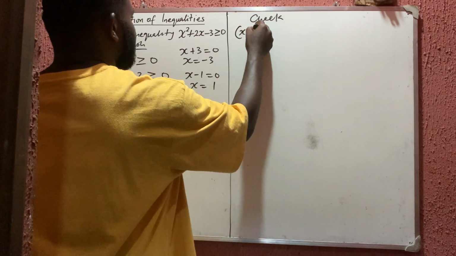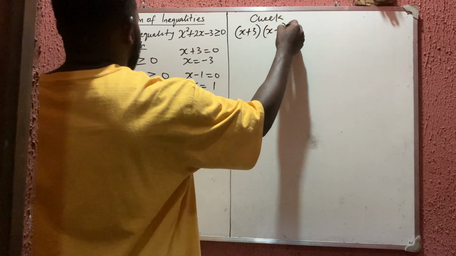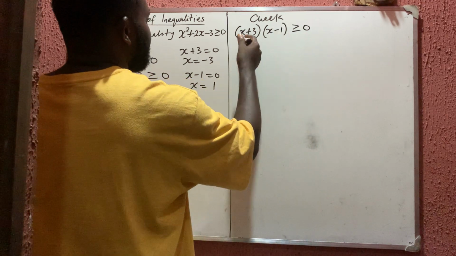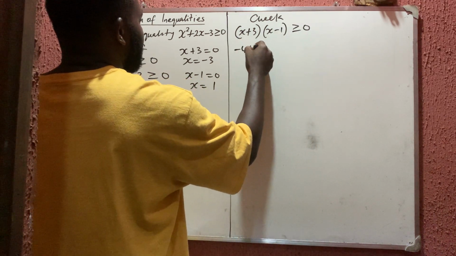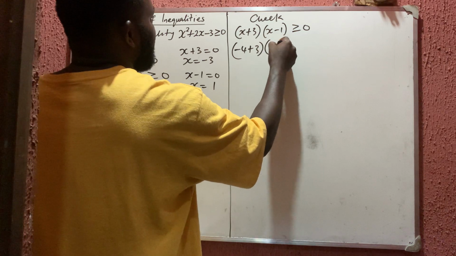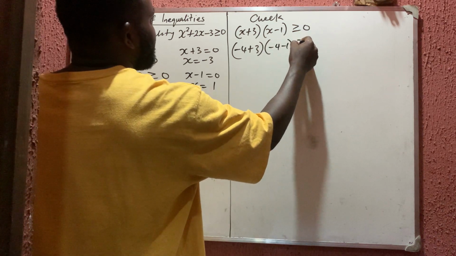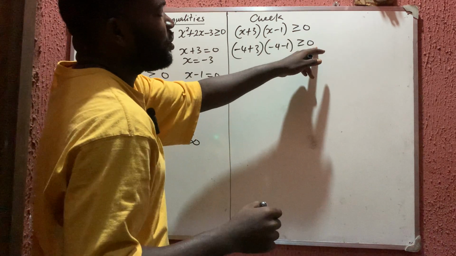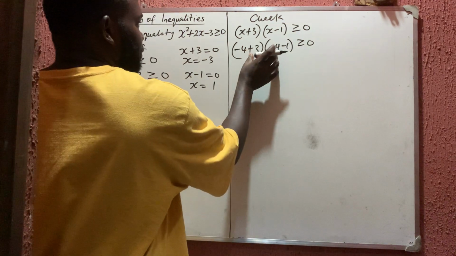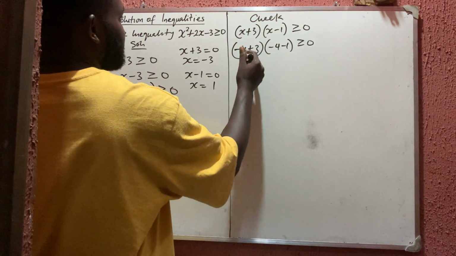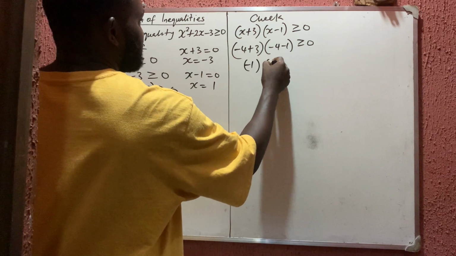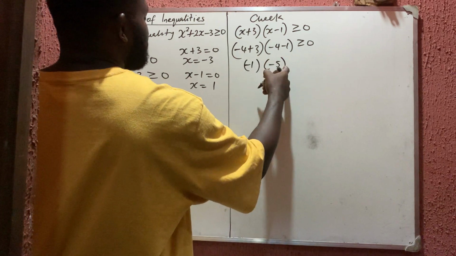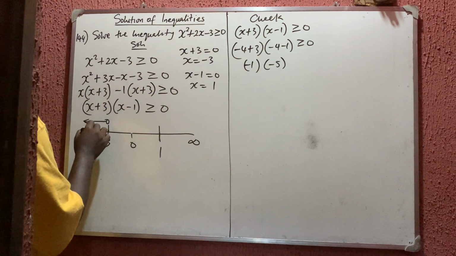I'm having that x plus 3 and x minus 1 is greater than or equal to 0. So minus 4 plus 3 into minus 4 minus 1, is it greater than or equal to 0? Greater than 0 means that it is positive. So let's check if these two things will give me a positive number. This is giving minus 1 and this is giving minus 5. So the product of these two things is positive. So I'm having positive here.